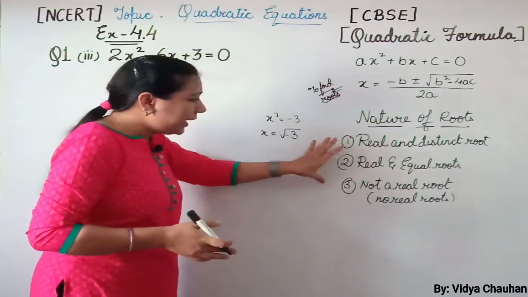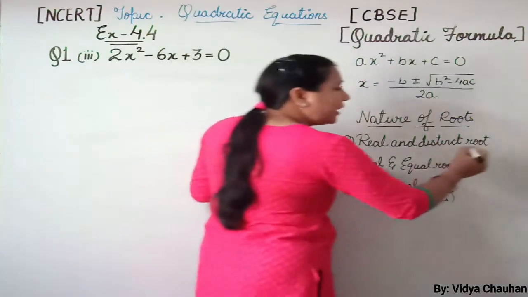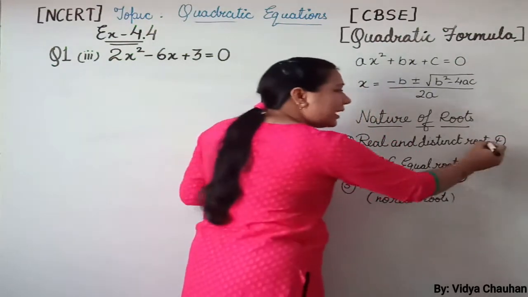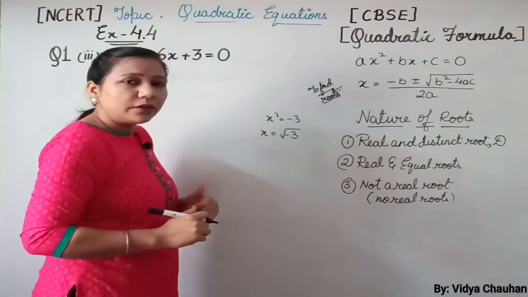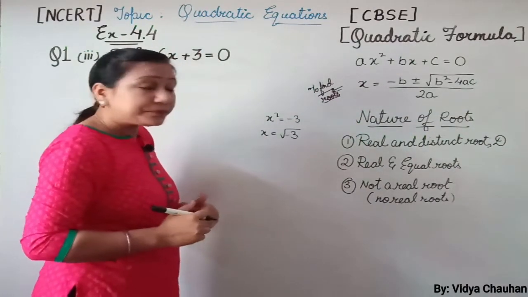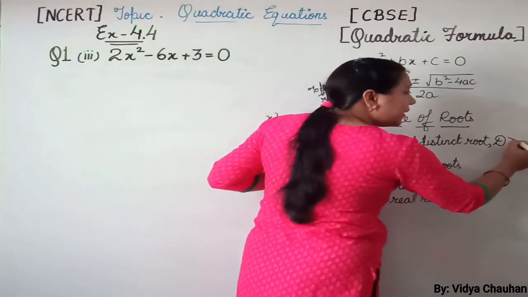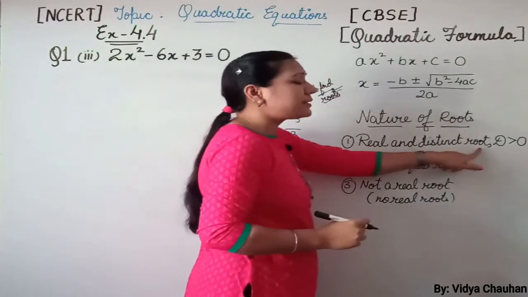Now how do we express this in terms of this method? For that we use a letter D, and this D is called the discriminant. The value of discriminant: if discriminant is greater than 0, then the roots are real and distinct.